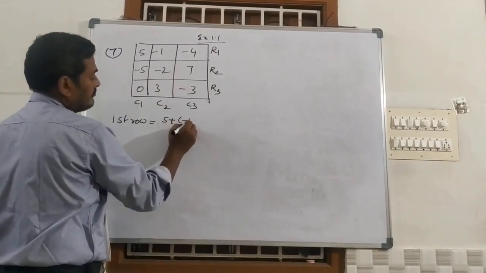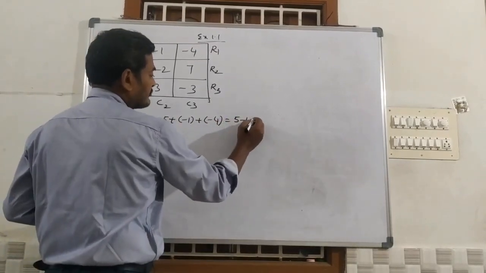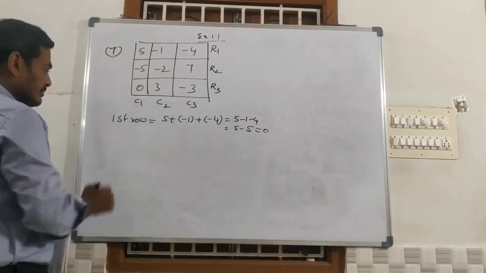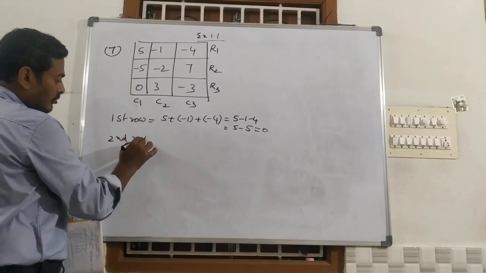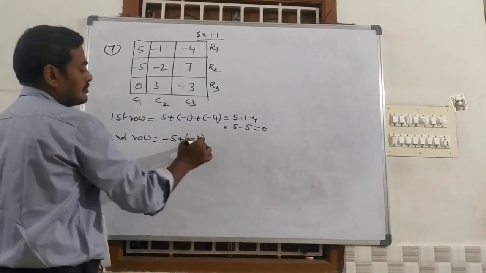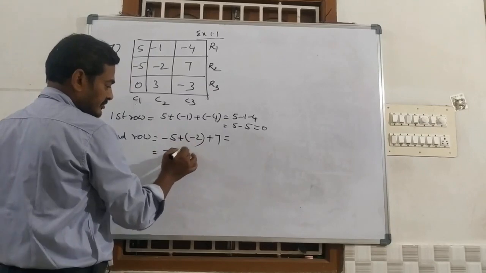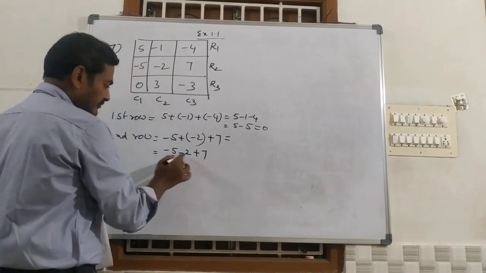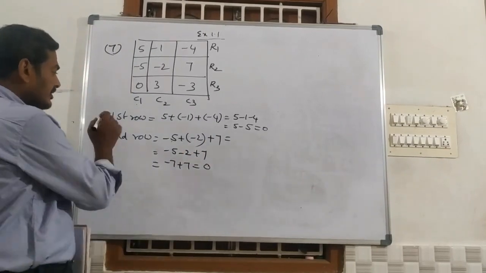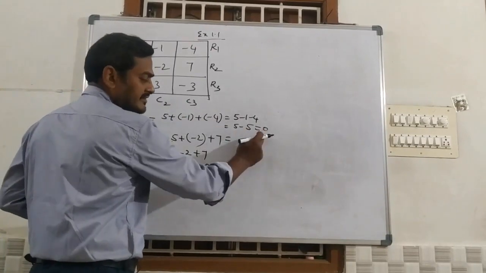Now, the first row: 5 plus minus 1 plus minus 4, that equals 5 minus 1 minus 4, which is 5 minus 5, equal to 0. Now the second row: minus 5 plus minus 2 plus 7. Adding the first two gives minus 7, plus 7, equals 0.